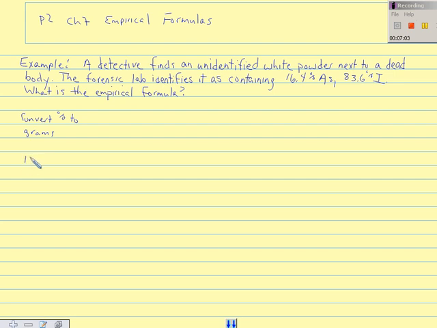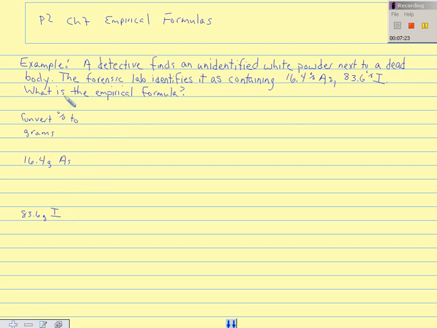I'm going to have 16.4 grams of arsenic, and I want you to skip down about 4 lines, 1, 2, 3, 4. And I'm going to have 83.6 grams of iodine. That would be 16.4%, 83.6%. In other words, we're pretending we have a 100-gram sample.